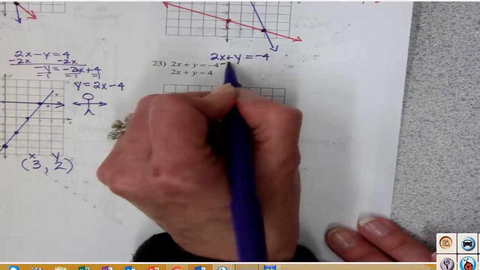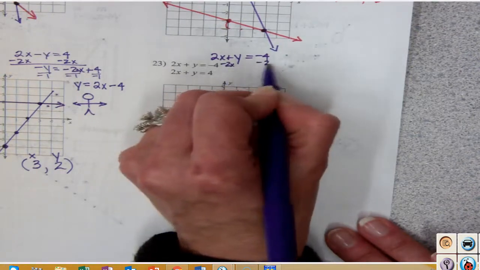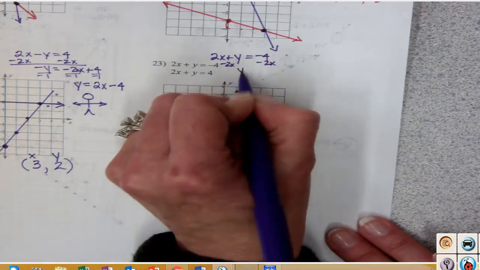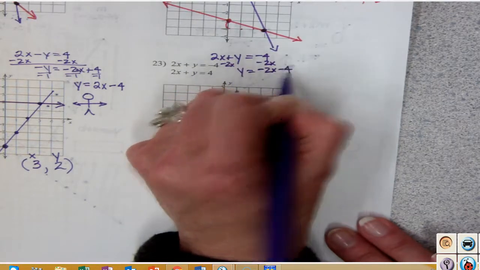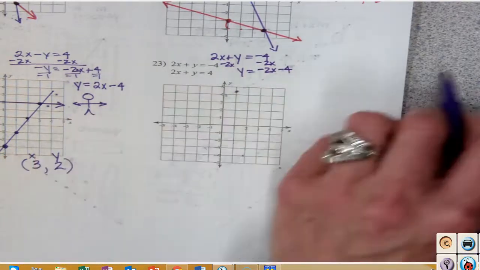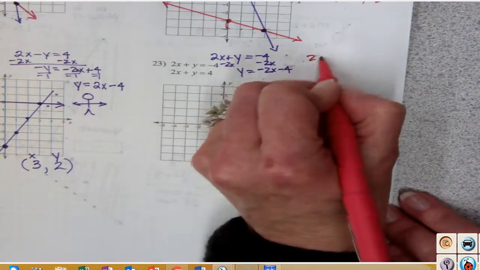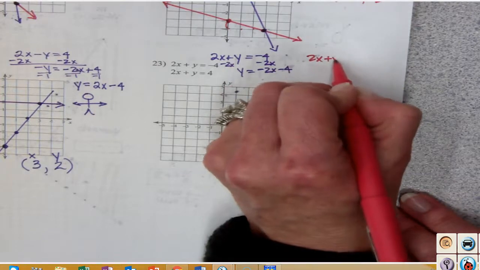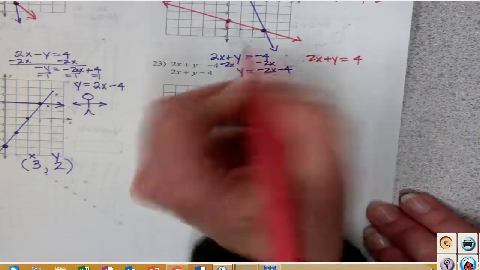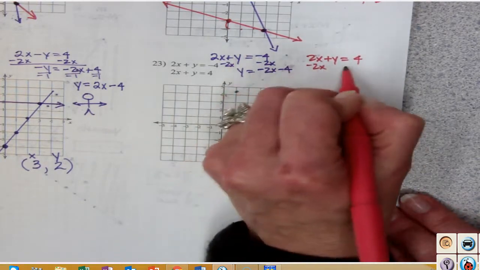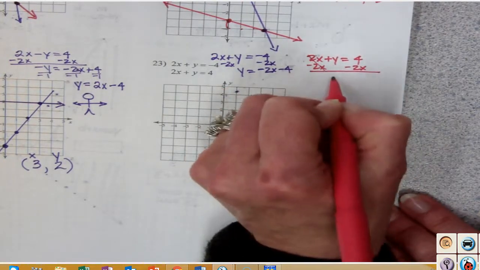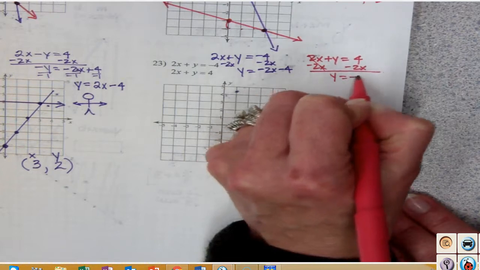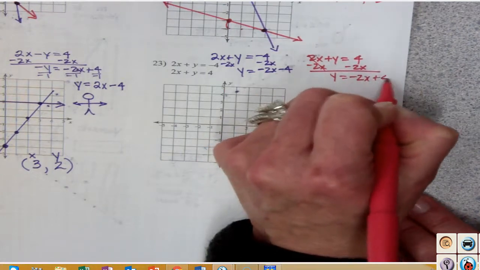I'm going to subtract 2x from both sides, and I'm going to get y equals negative 2x minus 4. Then the next one, I've got 2x plus y equals 4. So I'm going to subtract 2x from both sides, these cancel each other out, and I get y equals negative 2x plus 4.